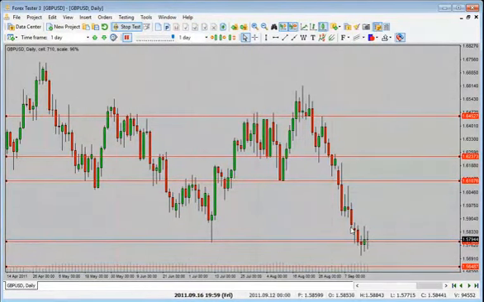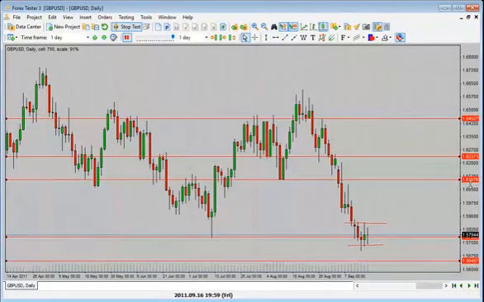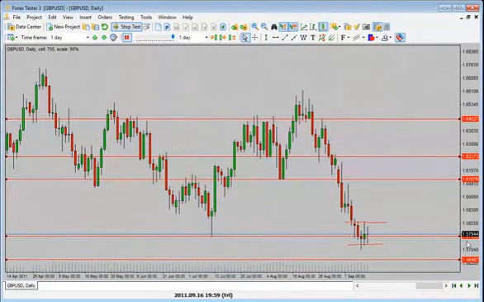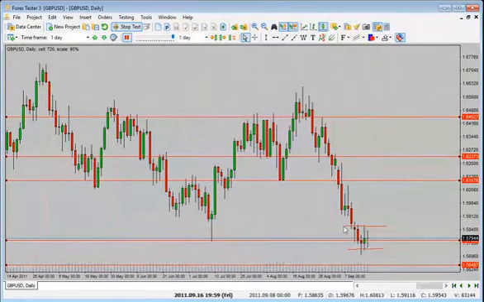So we need to see a close either above this previous support resistance level or below it. Either we need to see a close above this level and then we will turn bullish, or we need to see a close below this level and then we will turn bearish for a continuation pattern to the downside. Right now it's just sideways, 3 days in a row. Price hasn't really done much.